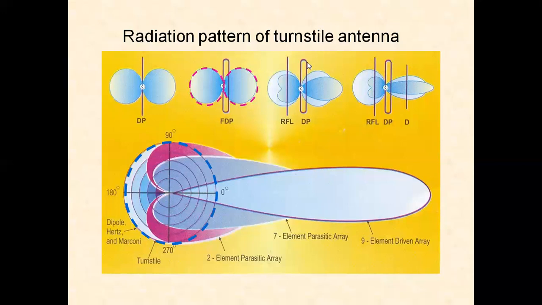And we have a folded dipole. If we place the reflector here, then this signal will be reflected back and we are getting strong radiation in this direction. If you place a director here, then this radiation further increases in the forward direction.